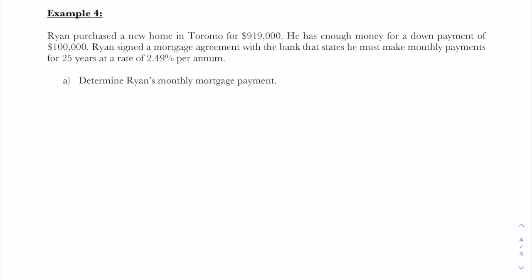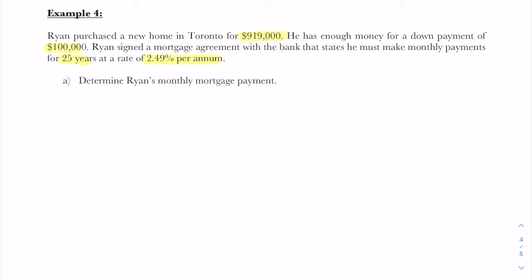Let's look at a real-world example involving house prices. Imagine Ryan purchased a new home in Toronto for $919,000. Imagine he has enough money for a down payment of $100,000, and he signed a mortgage agreement with the bank that states he must make monthly payments for 25 years at a rate of 2.49% per year.